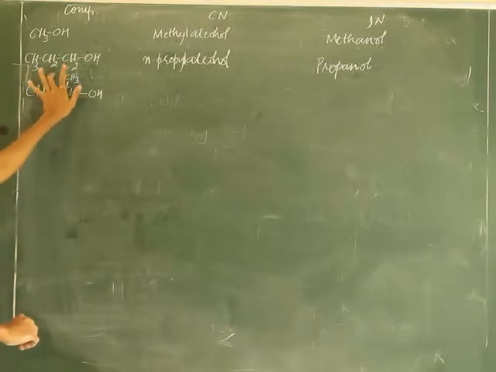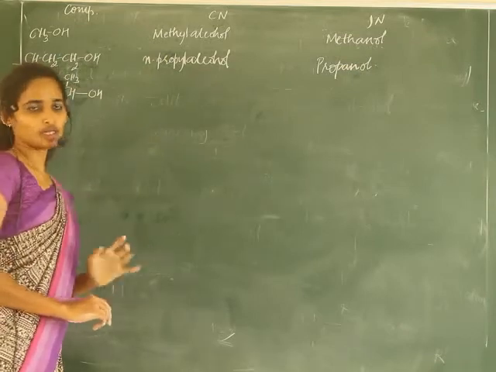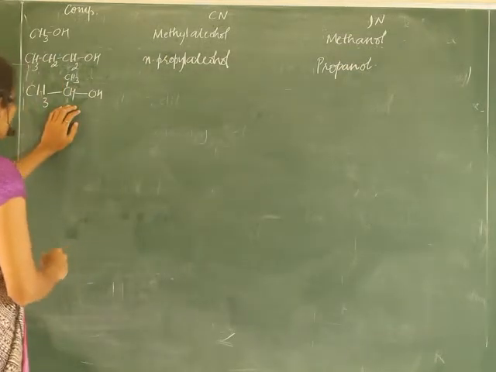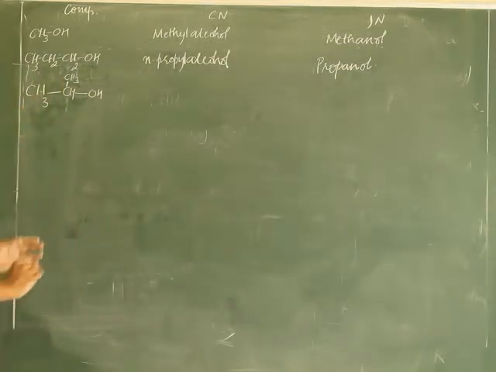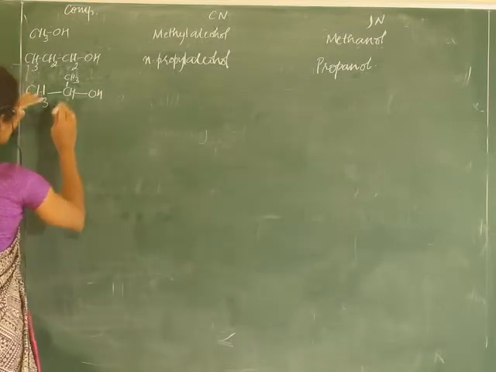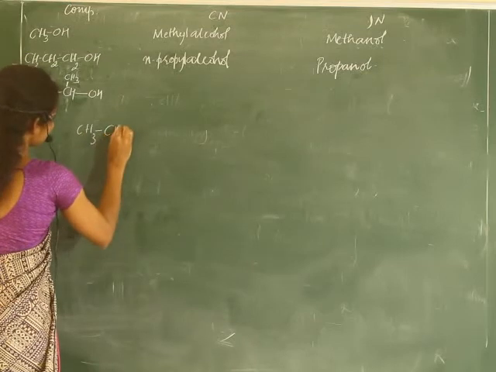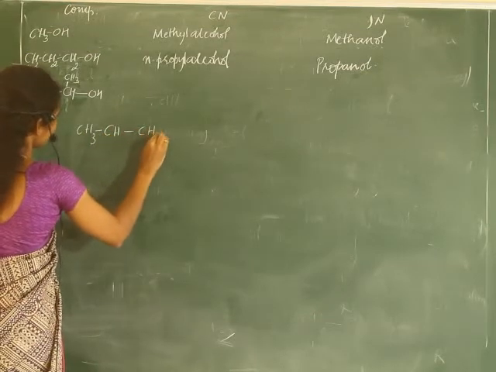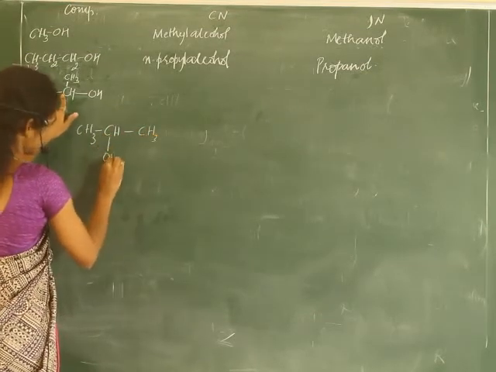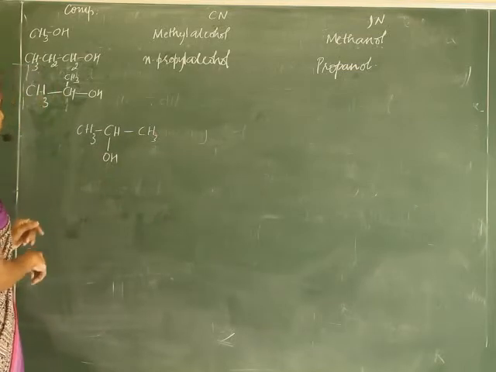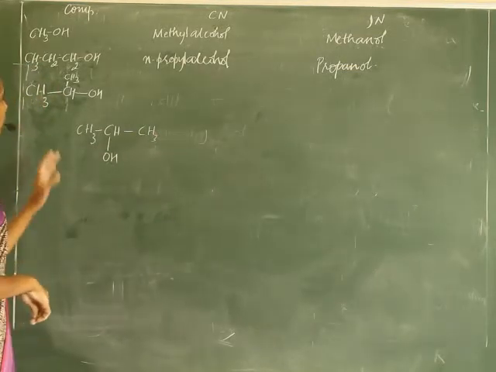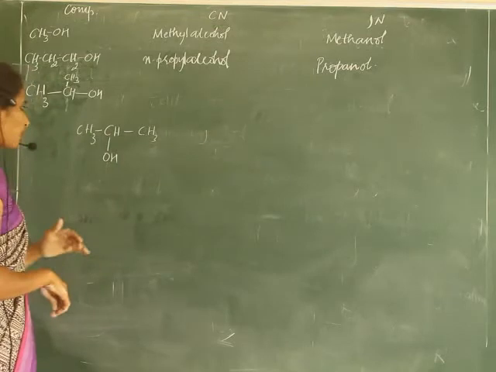The first one is n-propyl alcohol. Now what about this compound? This is not n-propyl. Why? It has a branch. We cannot call it a normal or n-propyl, right?